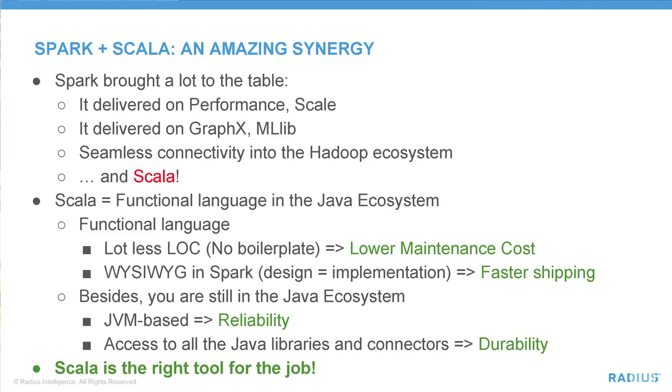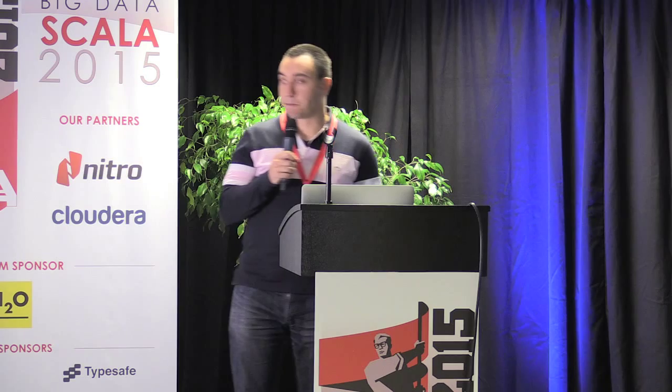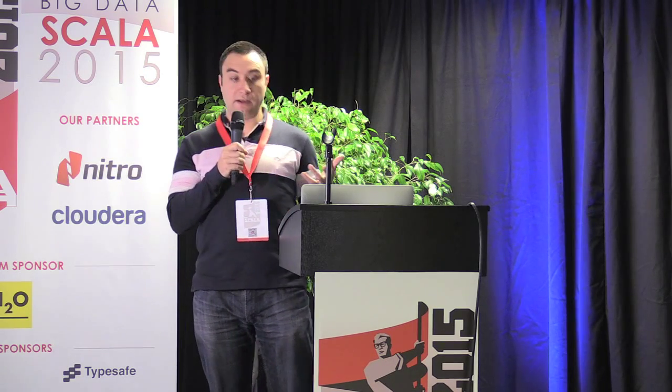And it also delivered with GraphX and MLlib, which are really outstanding libraries. And since Spark has seamless connectivity with your Hadoop ecosystem, we didn't have to jump through hoops to get started. We would easily read from S3 right to S3. That was our use case.